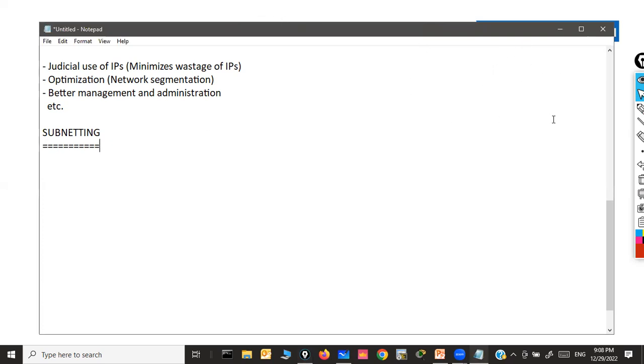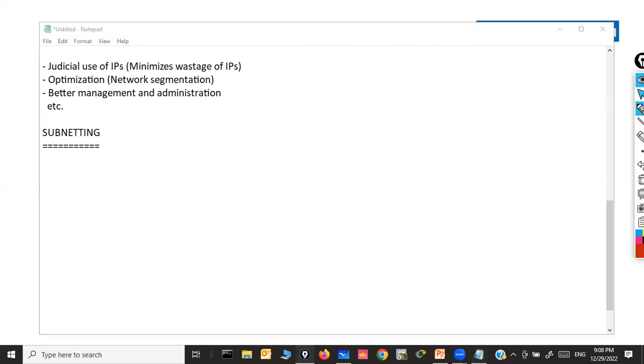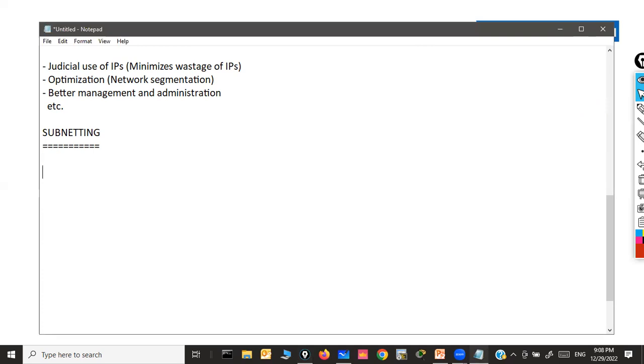how to do subnetting? Let me take one example. Here we have a class C network, and let's say the network address is 192.168.1.0/24.